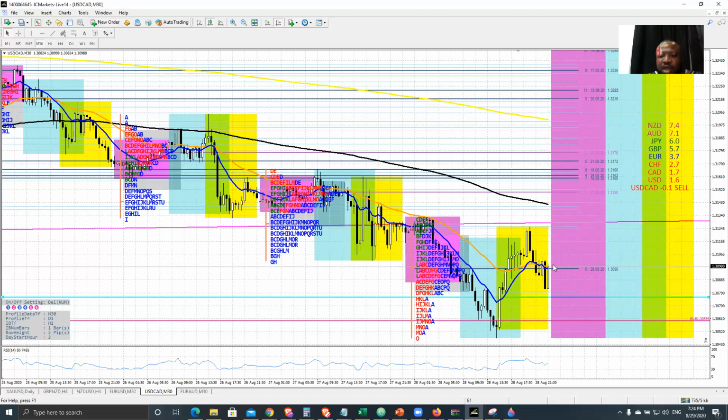So they want to find a reason to say: do we have more sellers at this high, which is going to push price down lower, or are we going to see more buyers coming in at this low, which is going to buy this opportunity and push it up higher?